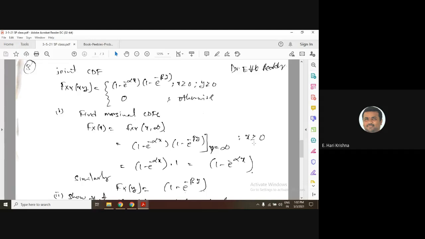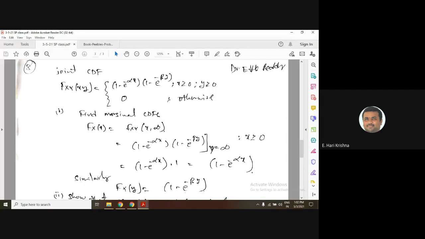In the previous example, the joint PDF is given, and marginal PDFs are evaluated using the integration formula. Here, the joint CDF is given, and the marginal CDF is evaluated by substituting either x equal to infinity or y equal to infinity.